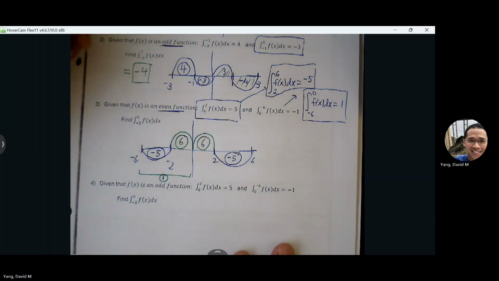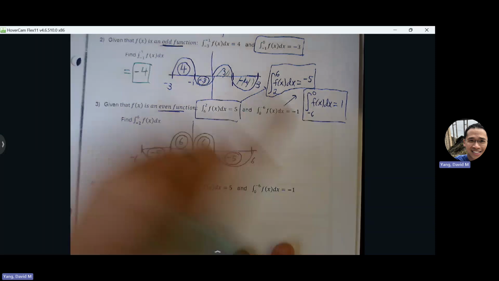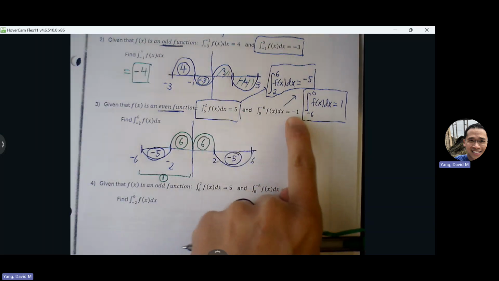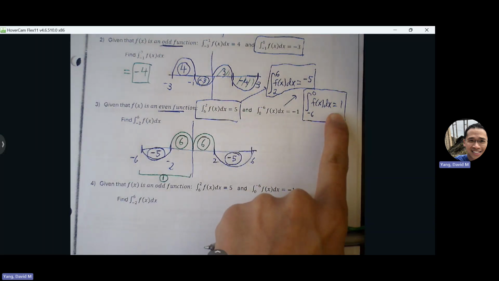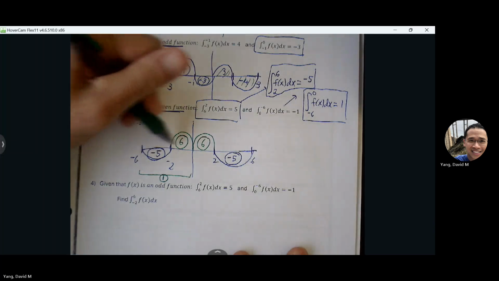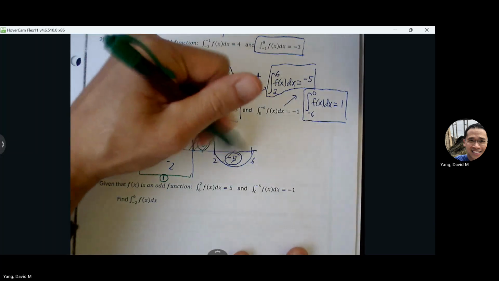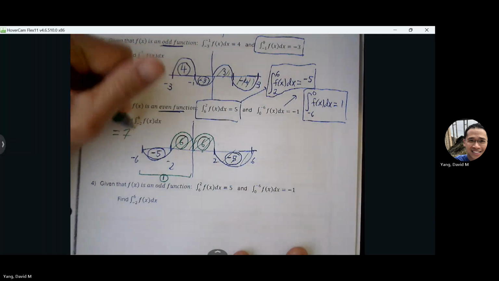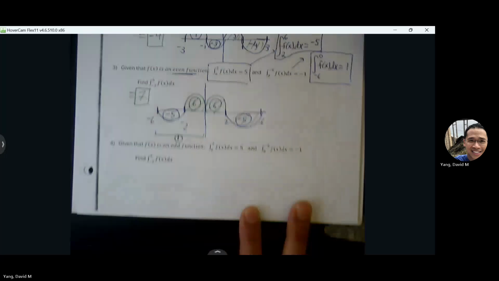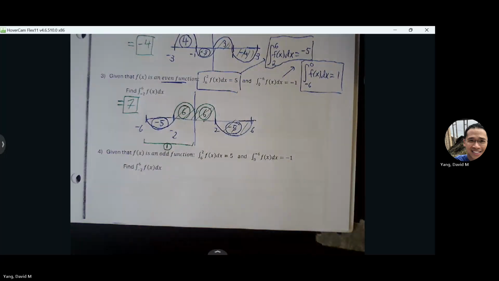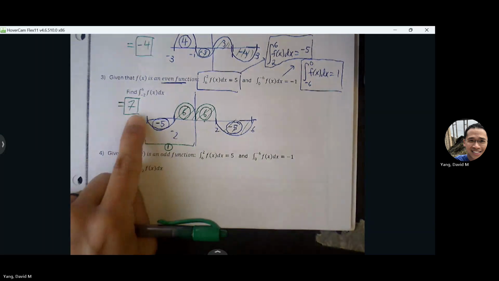Because it's negative 1. Yeah, the negative 1 was the original, which after the adjustment is really a positive 1. Okay, answer is 7.